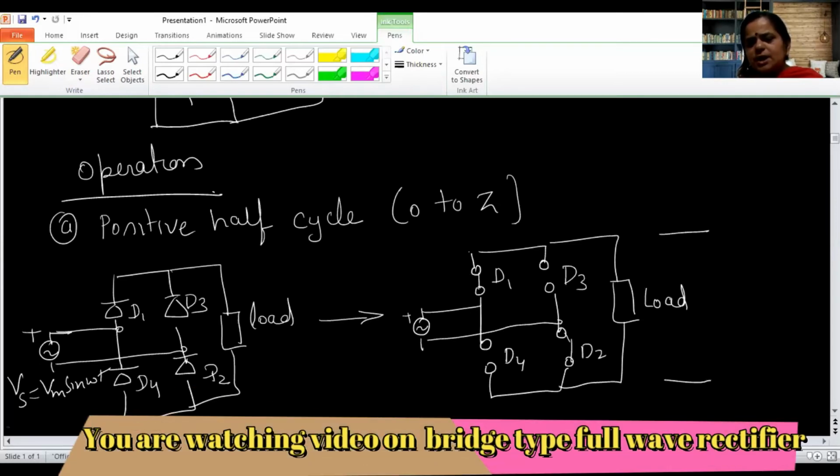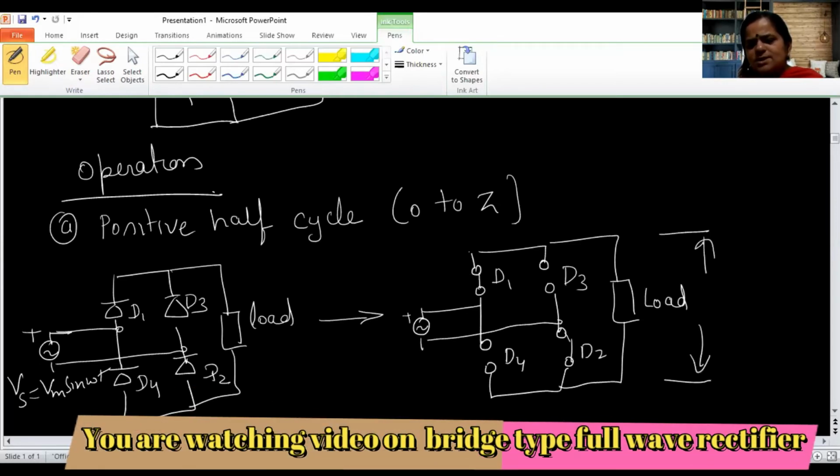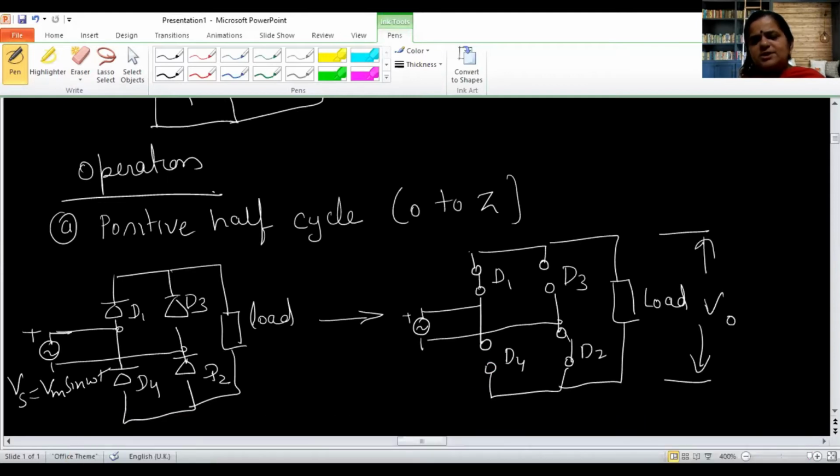Under this condition, the voltage across the load, represented by the output voltage, can be seen here: through the D1 short circuit, the positive terminal of the supply voltage appears at the top terminal of the load, and the negative terminal of the supply voltage through the D2 short circuit appears at the lower terminal of the load.